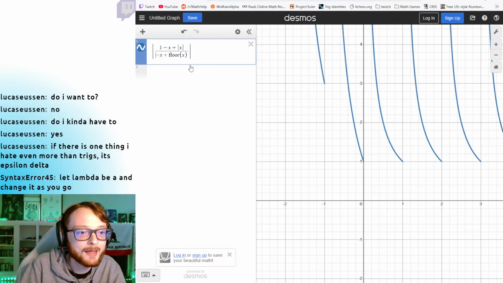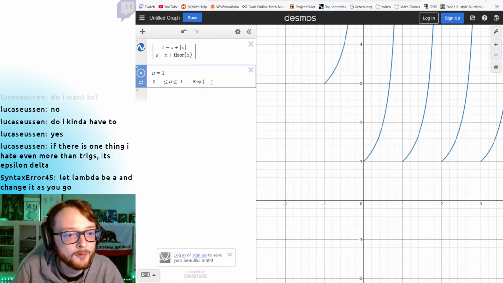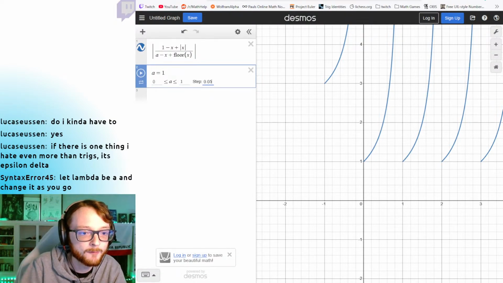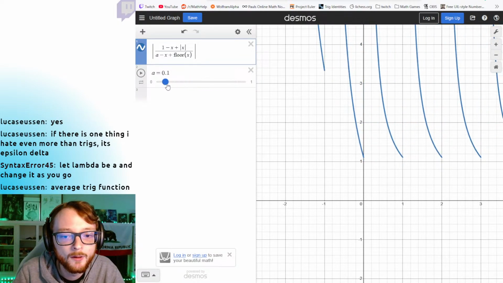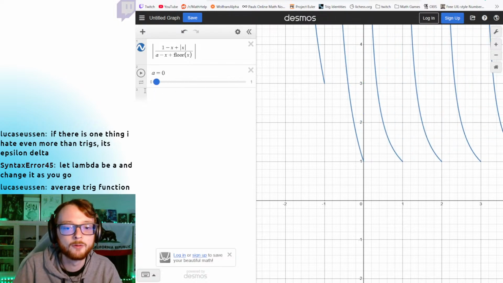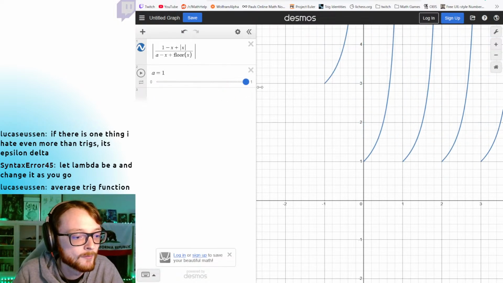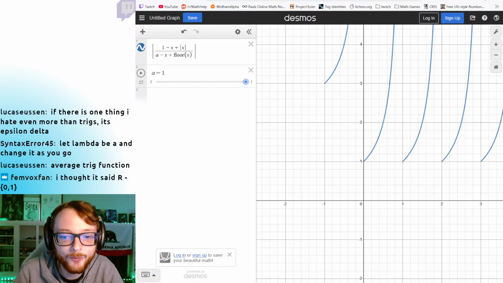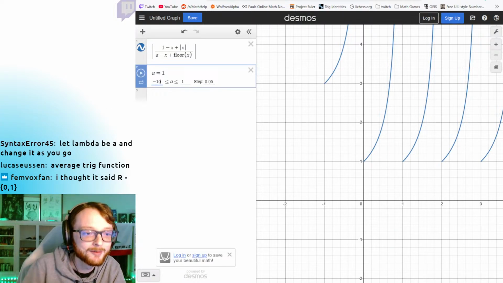Well, yeah, I said A has to be between 0 and 1. I guess we can make that happen though, right? I guess we can make it 0.05. So going between 1 and 2. Oh wait, R minus, I misread that. It is R minus {0, 1}. I did the exact opposite of what we're supposed to do.